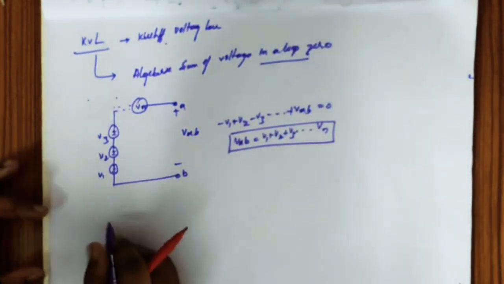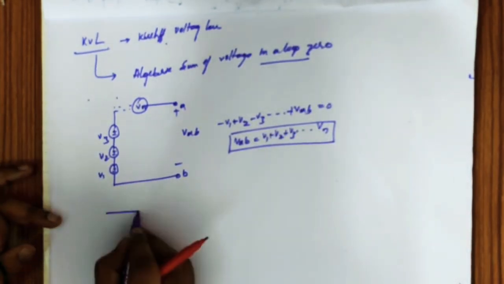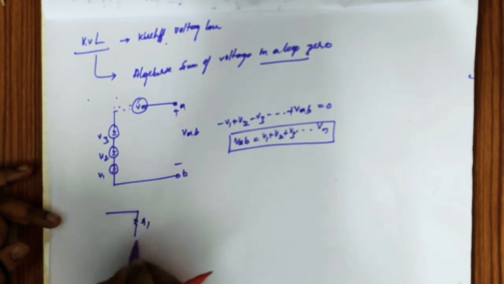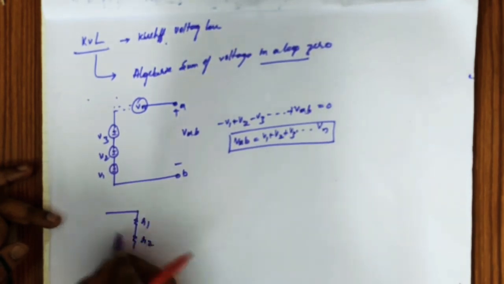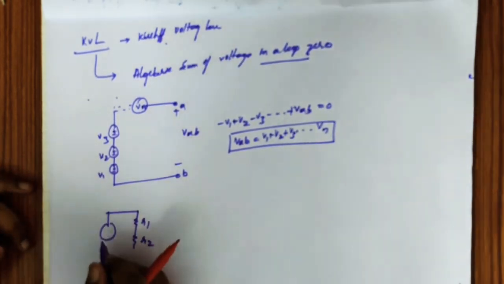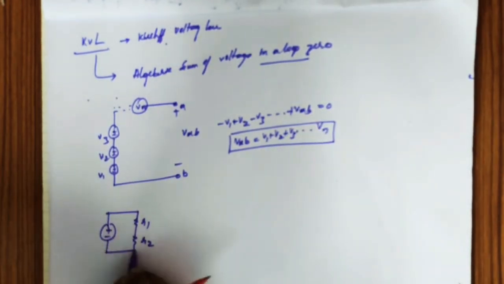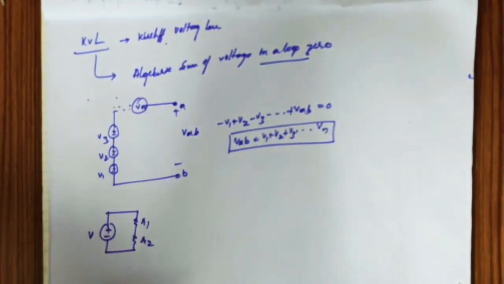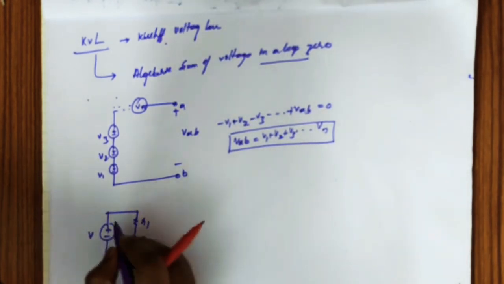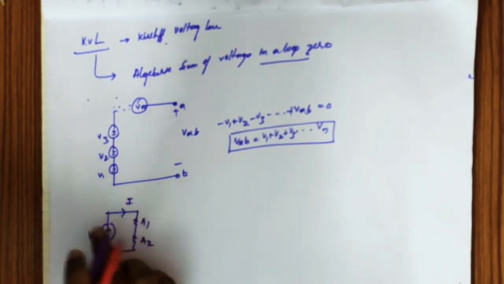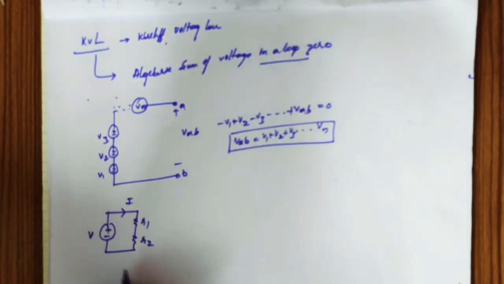So for example, let us take two series resistances R1 and R2. Listen carefully, guys. Let us take two resistances connected in series with a voltage source V. The current will flow through this circuit. Now apply KVL here.